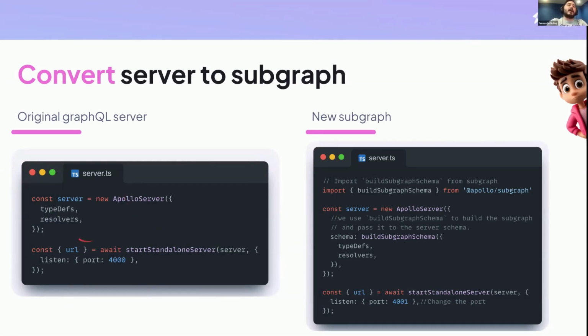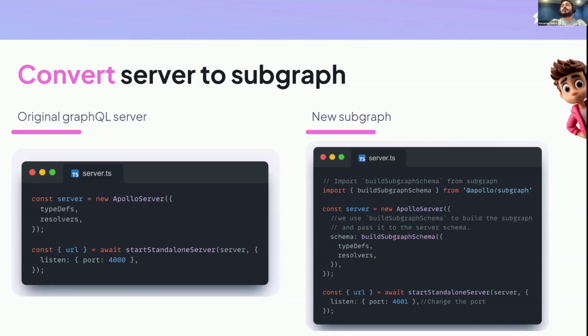So now, converting our monolith Apollo server to a subgraph. This is how a normal Apollo server looks, where we pass the type definitions and the resolvers to the Apollo server, and we make it run on a port. In this case, we are running it on port 4000. But when we create the subgraph, we need to import from the dependency we just installed, the Apollo subgraph, the buildSubgraphSchema. To buildSubgraphSchema we send the typeDefs and resolvers as parameters.